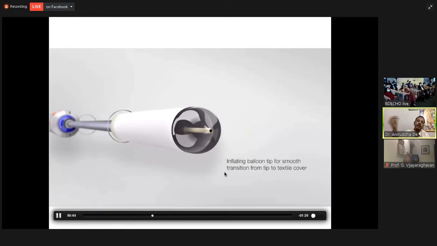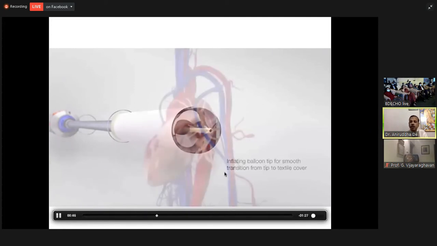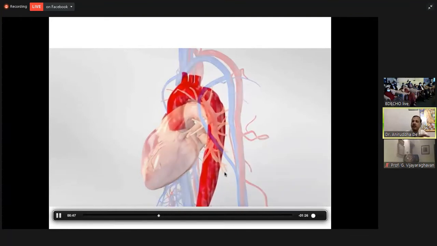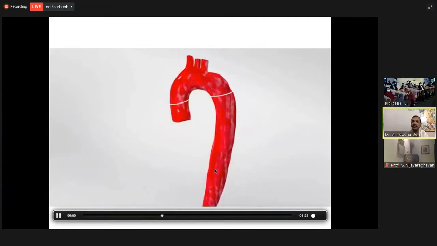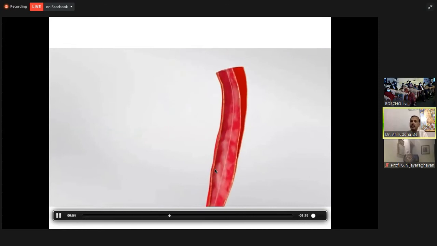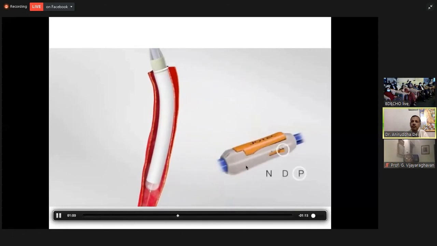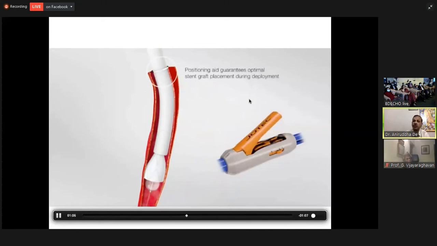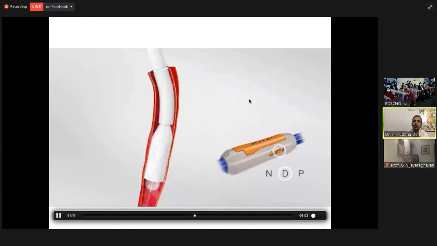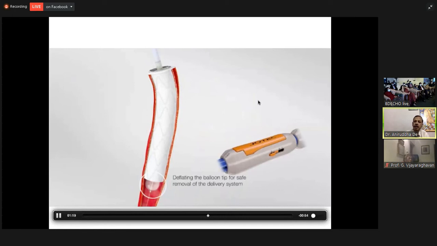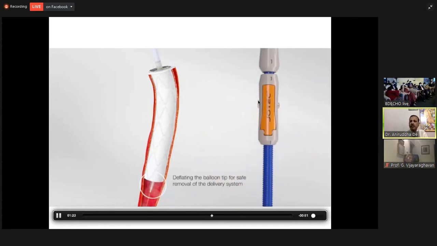As you go, when you cut the ascending aorta and the descending aorta, you put the device into the descending aorta, and then by the device from the outside, you position and guarantee the optimal stent graft placement during the deployment. You can gradually deploy first the distal part, then the middle part, and then the proximal part. Then comes delivery of the balloon tip for the safe removal of the delivery system.